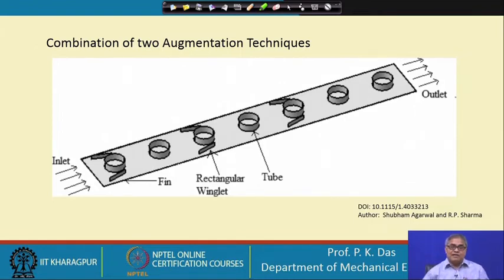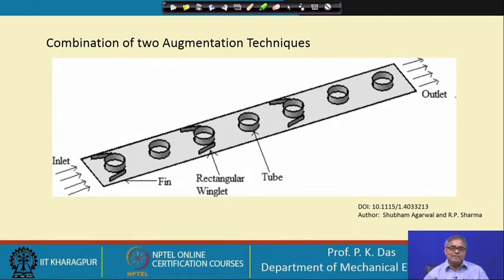This is the basic design, and on this basic design we have provided a rectangular winglet for alternate tubes. When the fluid flows, from this side, some sort of vortex will be created behind this winglet, which will give higher heat transfer due to the change in the heat transfer coefficient.